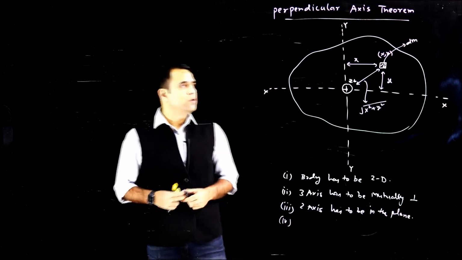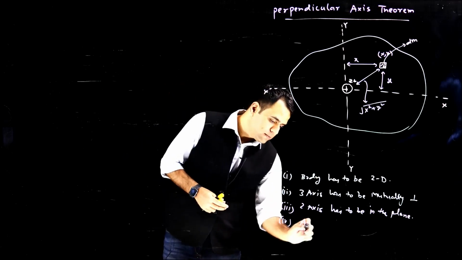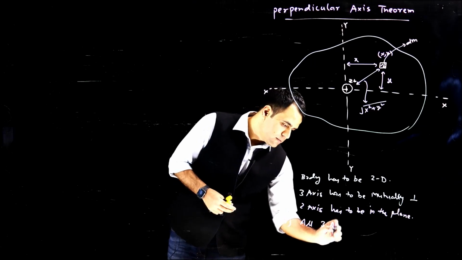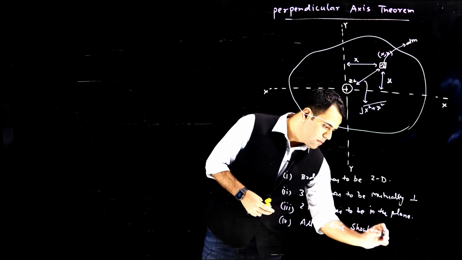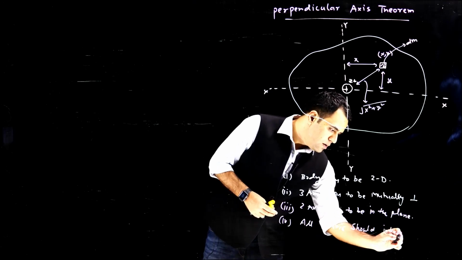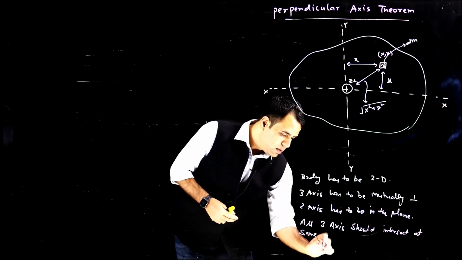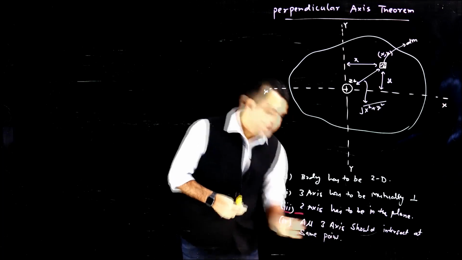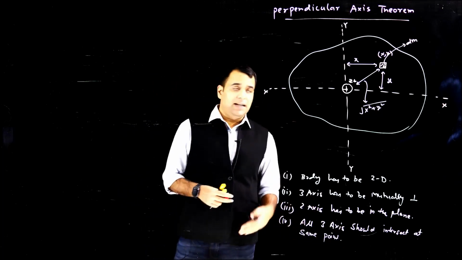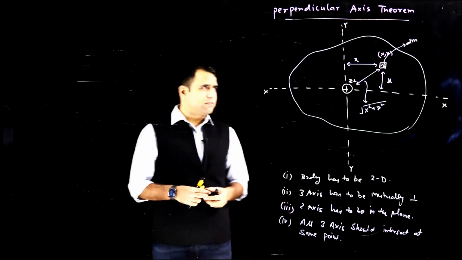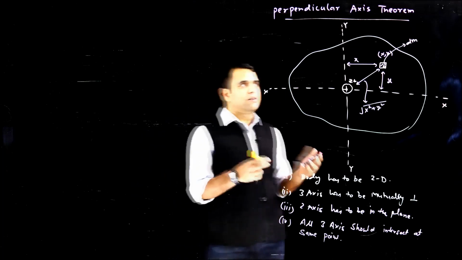And the fourth, all three axes should intersect at the same point. So if any question or system follows these four conditions, we can apply the perpendicular axis theorem. So let's see what kind of relationship we'll get.